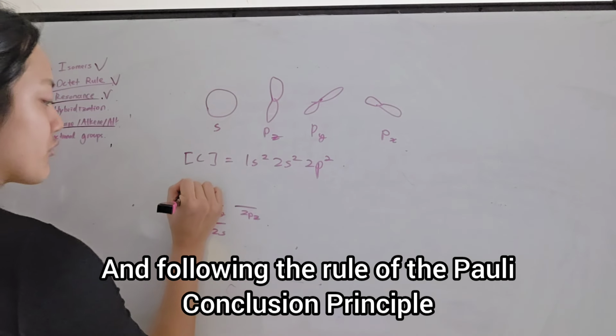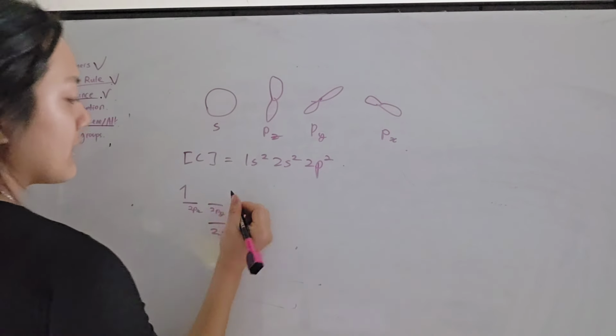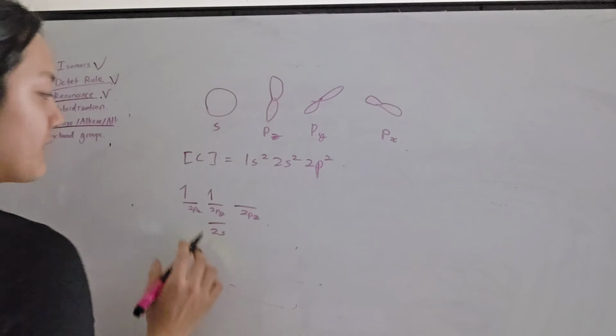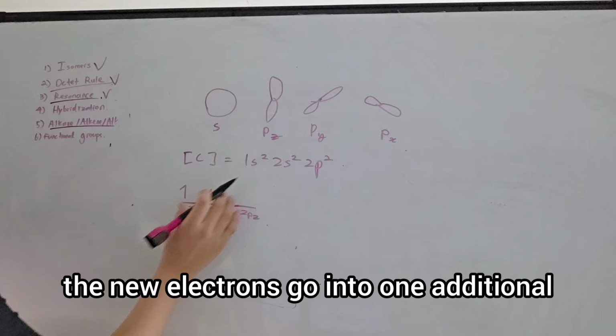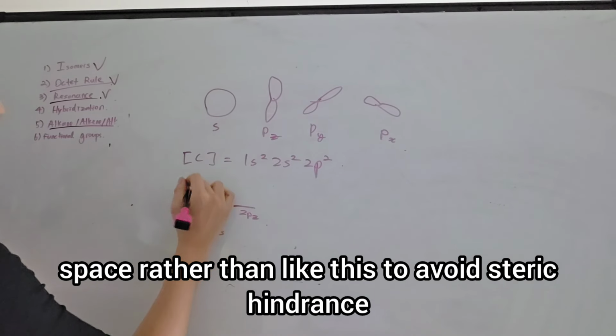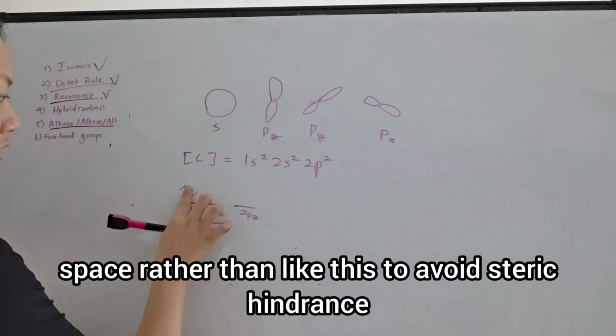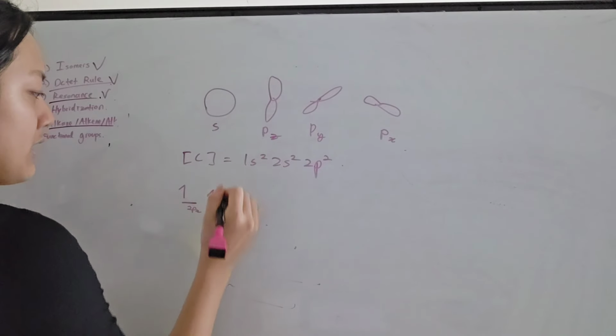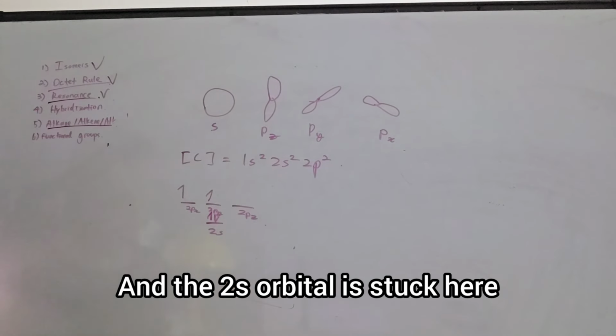And following the rule of the Pauli exclusion principle, it is always preferred that the new electrons go into one additional space rather than like this, to avoid steric hindrance. And the 2s orbital is stuck here.